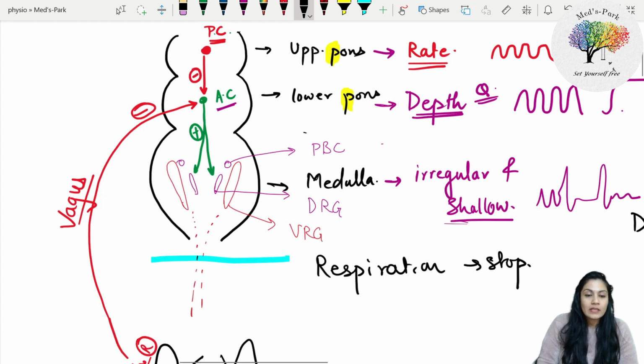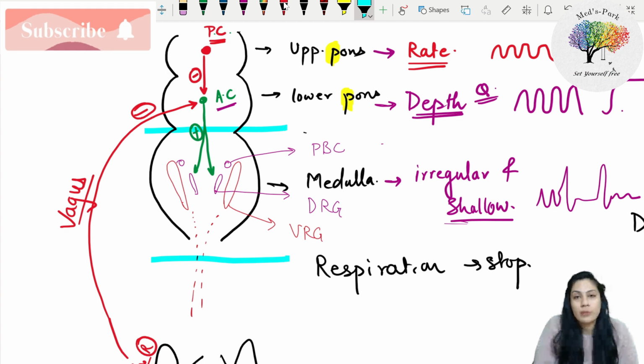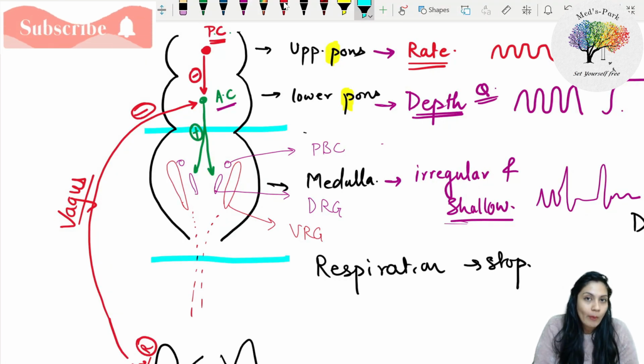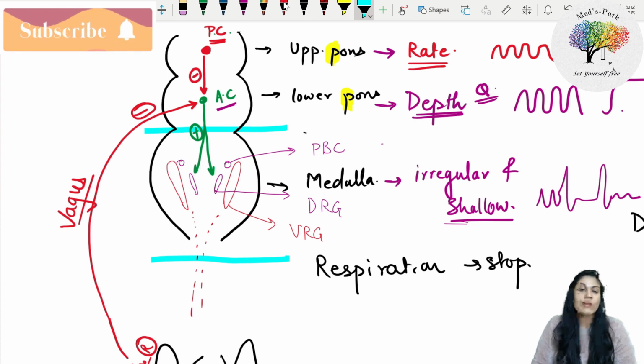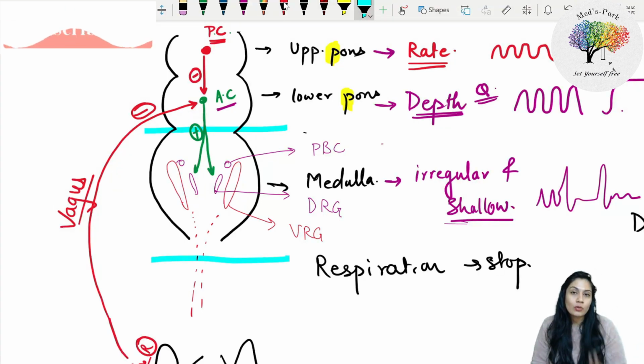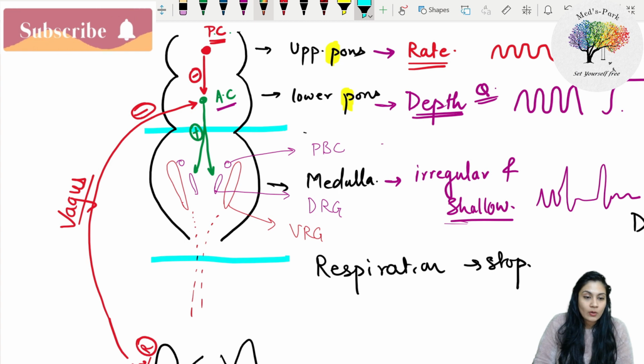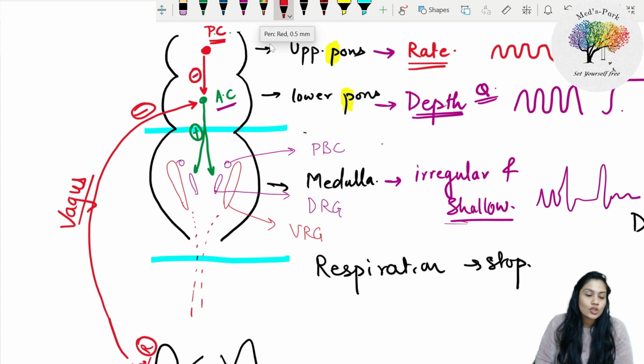Okay, if the lesion is between the pons and the medulla, now what will happen? Now understand, the patient will be able to survive, able to inspire and expire. Why? Because there is no lesion below the medulla.